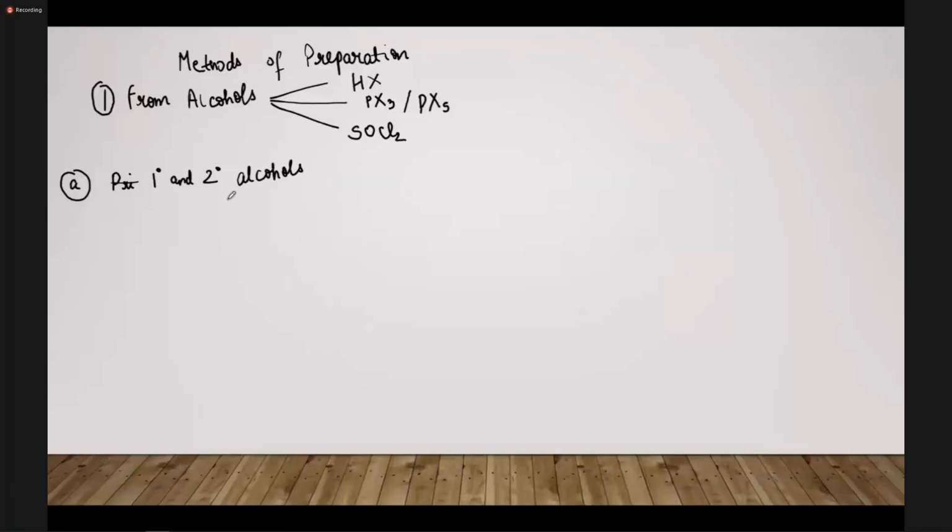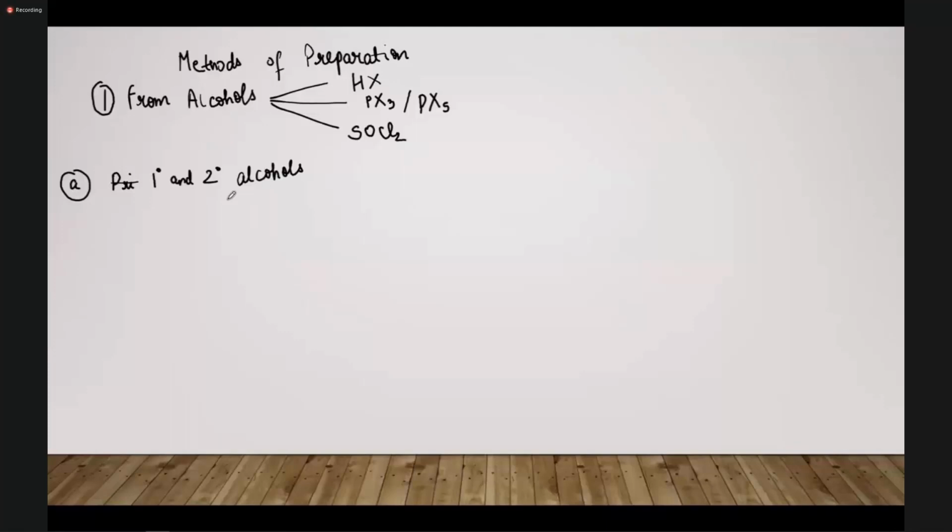Double bond does not exist there. When it is attached to one alkyl group, it is primary. When that carbon is attached to two alkyl groups, two other carbons, then it is secondary carbon. So similarly here also, if the alcohol is attached to a carbon and that carbon is primary, then we will call that alcohol primary alcohol.